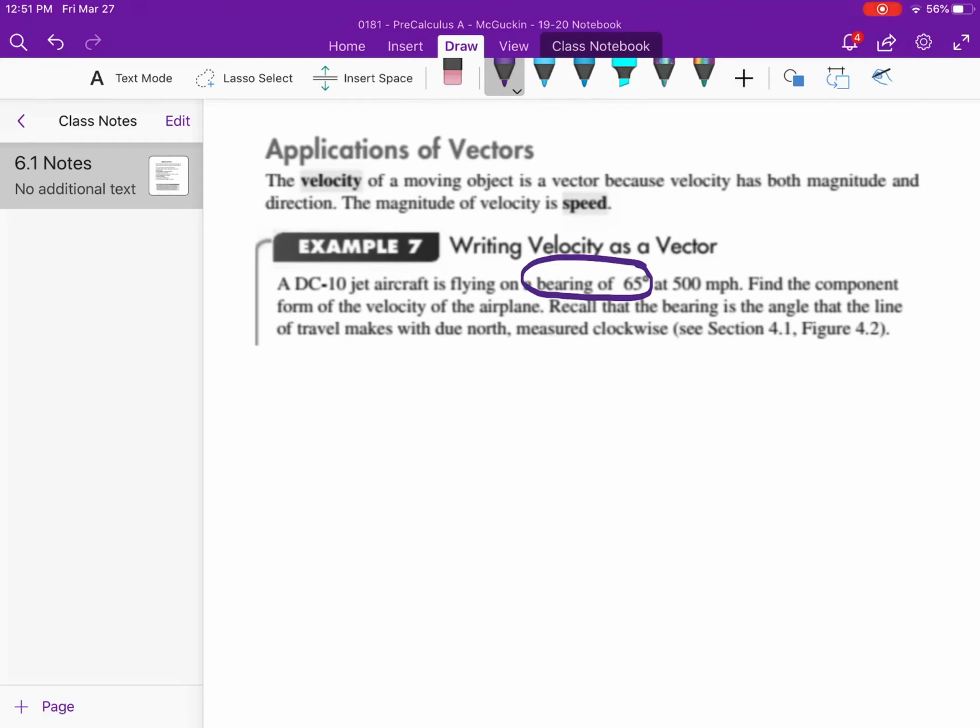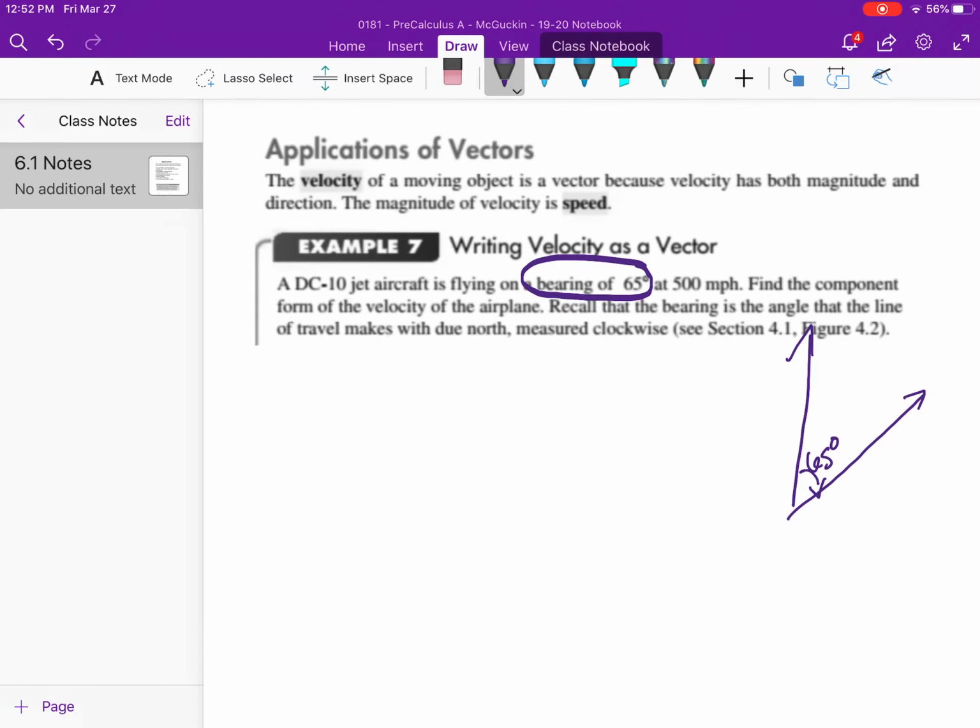If you remember from previous videos and examples, you heard things like 30 degrees east of north or 70 degrees west of north. That's the bearing. So in this example, a 65-degree bearing would be a clockwise rotation from north of 65 degrees.